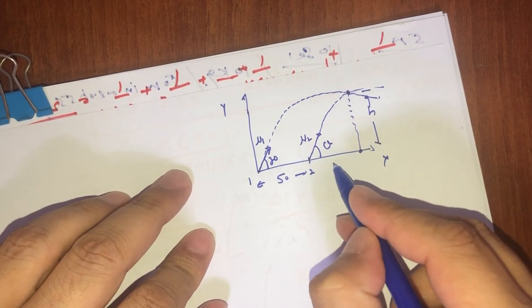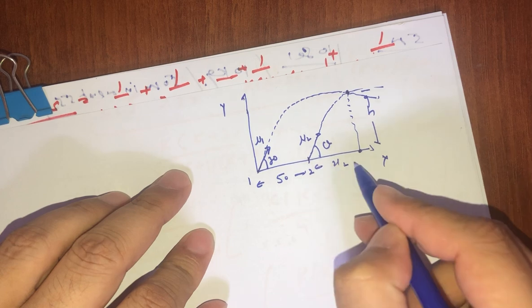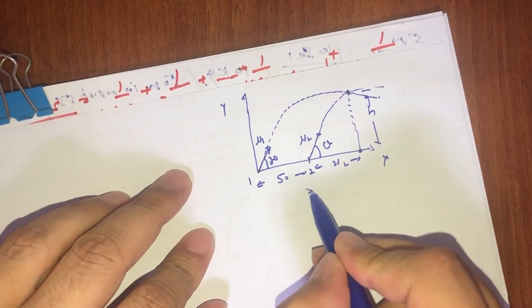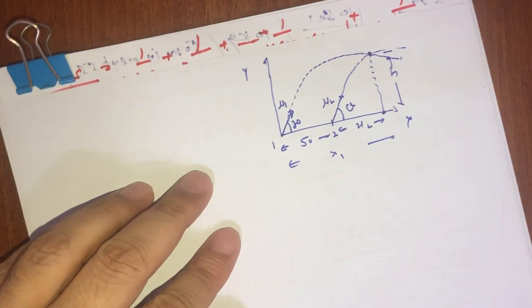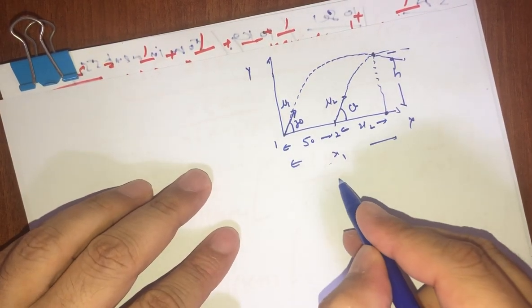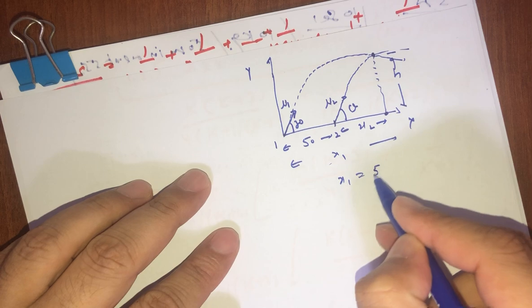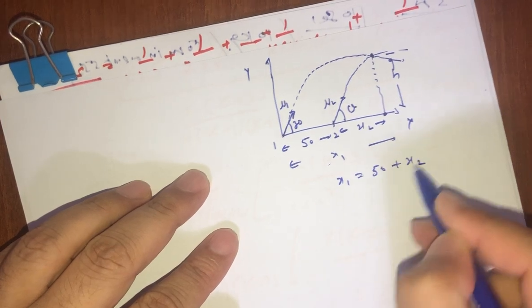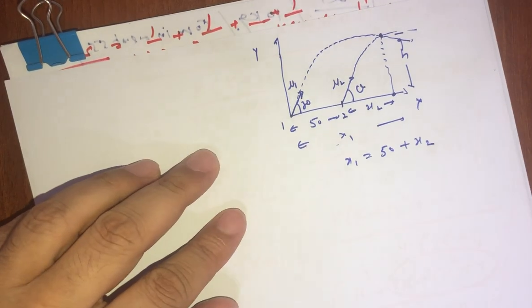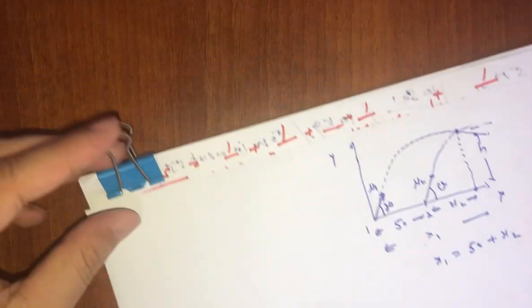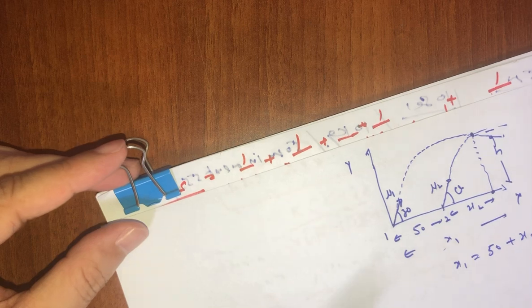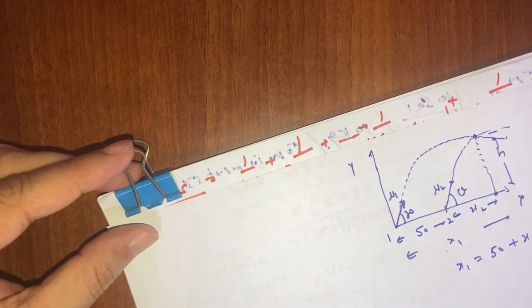This is the foot of the tower, let us call this distance x2, and total distance will be, let us call it x1. First of all, we can say that x1 is equal to 50 plus x2.